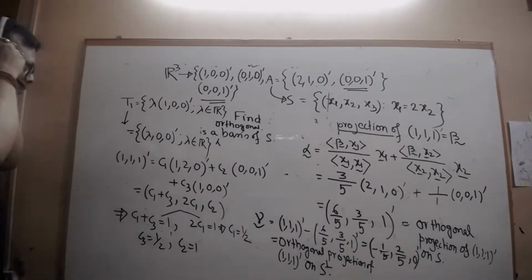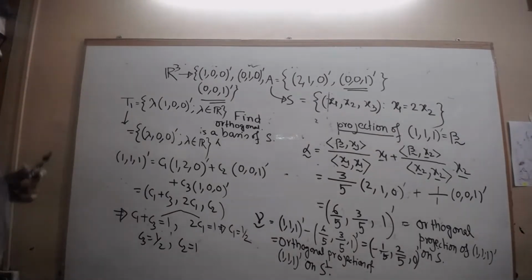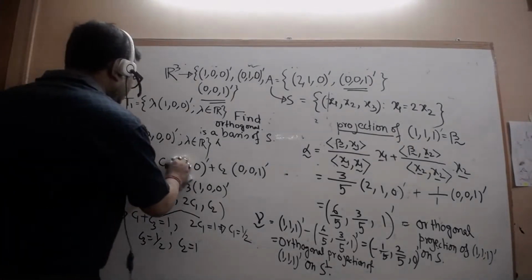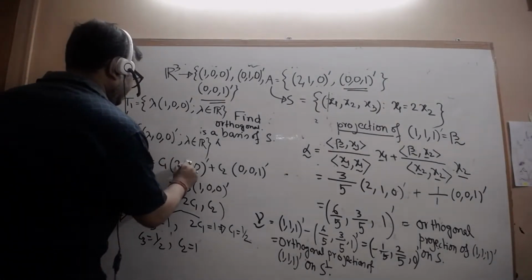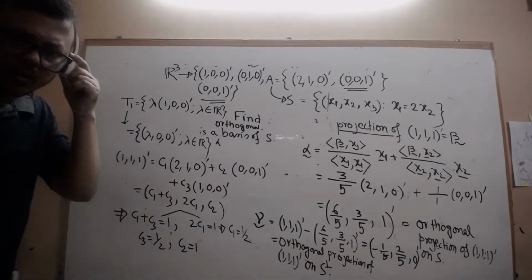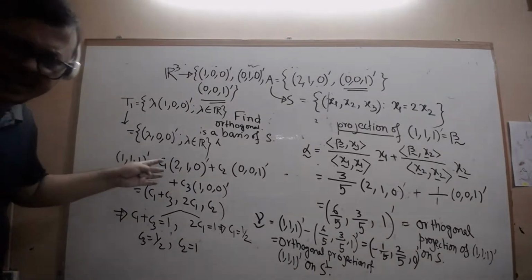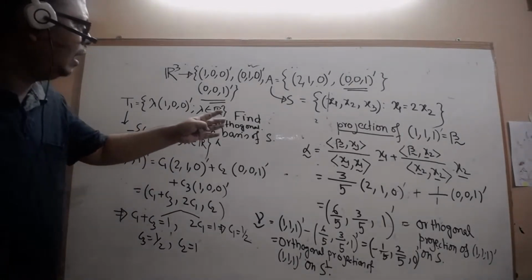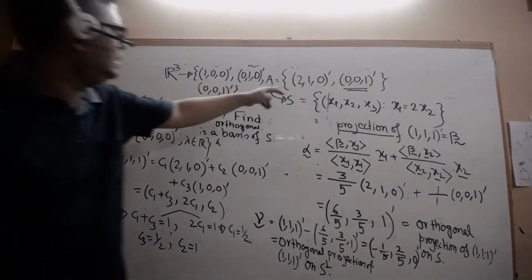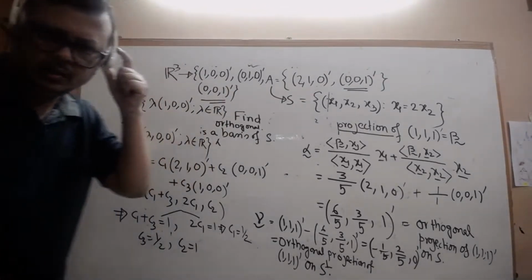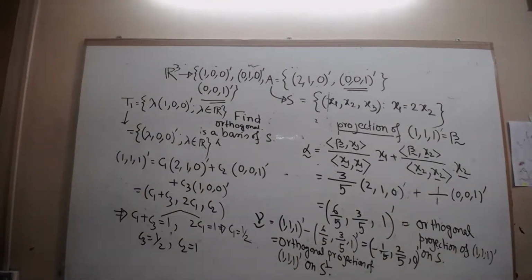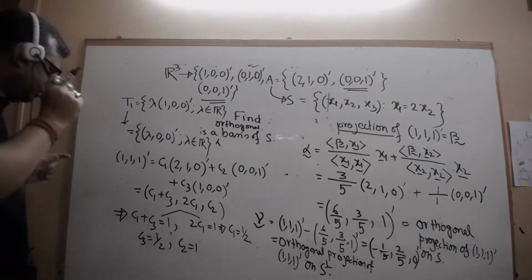Just change this thing. I tell everyone, please change this. This is not 1 2 0. This is 2 1 0. This is my mistake. Thank you, everyone.